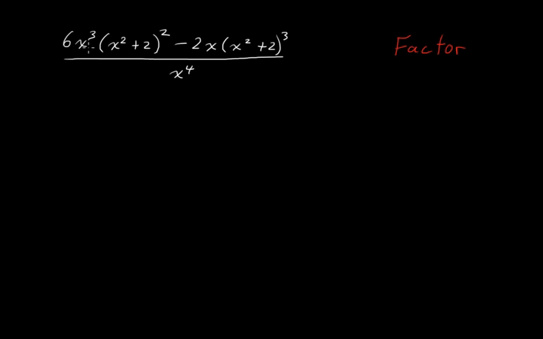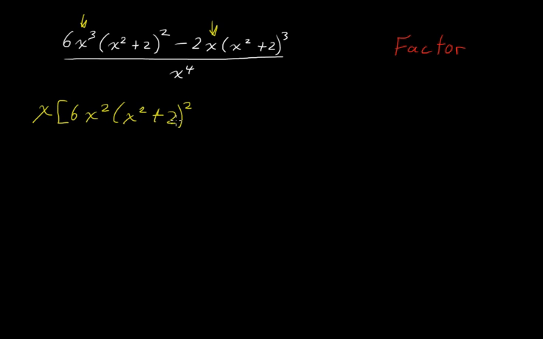And what can we factor out of this numerator? Well, we can factor an x out of this term and out of this term. So let's do that. We have x times 6x squared times x squared plus 2 quantity squared.